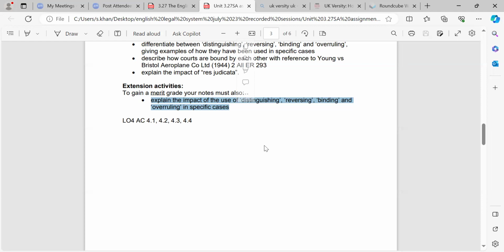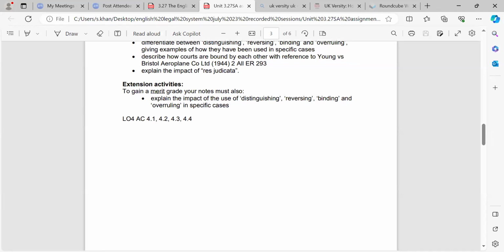You'd have to do that extension activity to achieve the merit. You need to look at cases. And that is learning outcome AC 4.1, 4.2, 4.3, and 4.4.